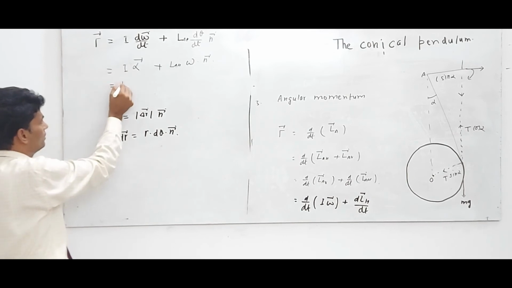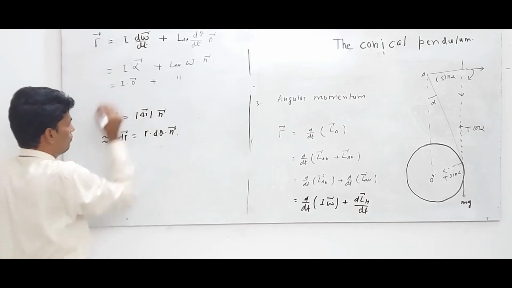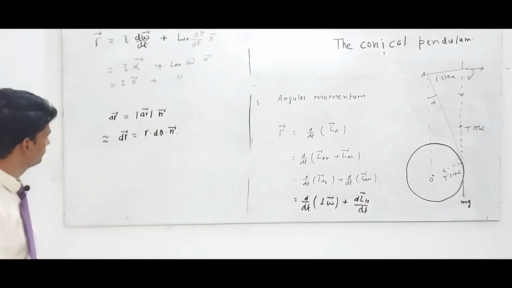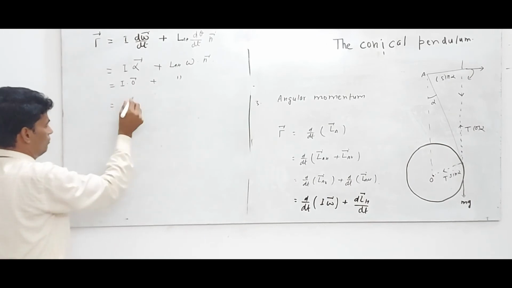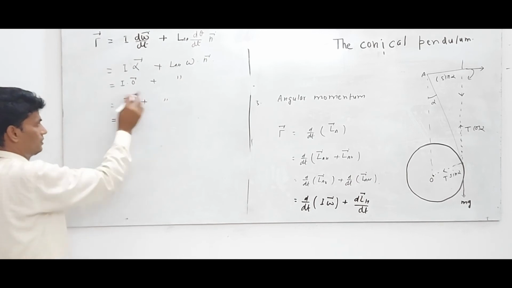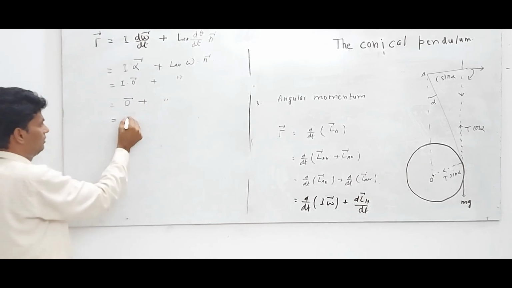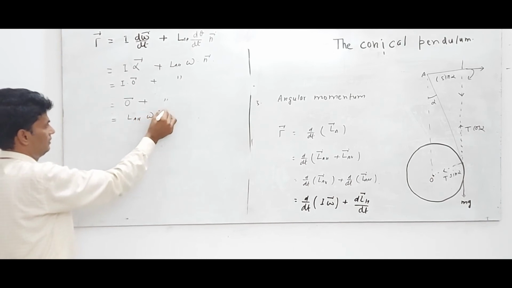So here this is I into 0, and this is 0, plus this vector. So it's the identity vector here. So this is L_H omega n.